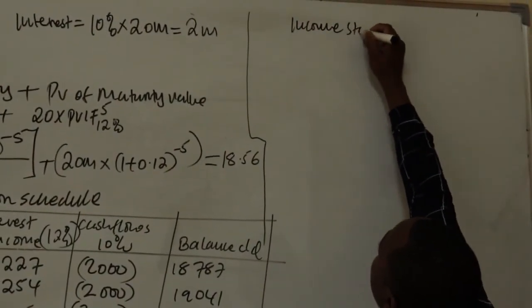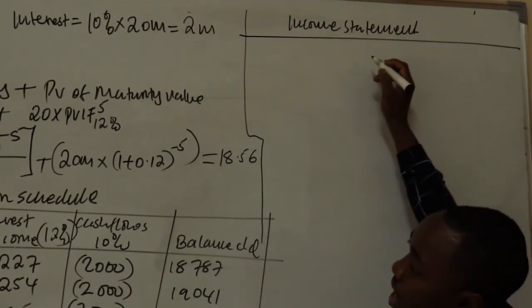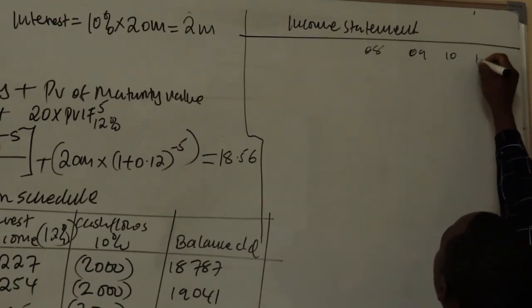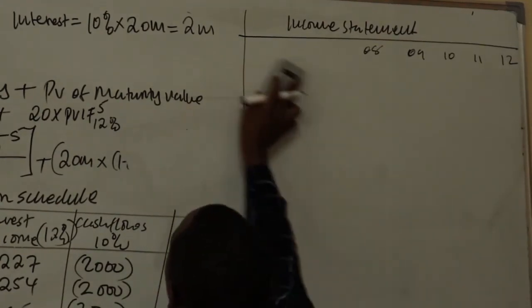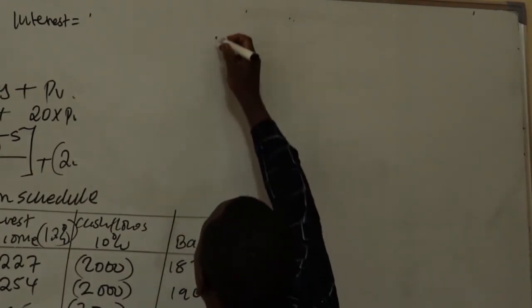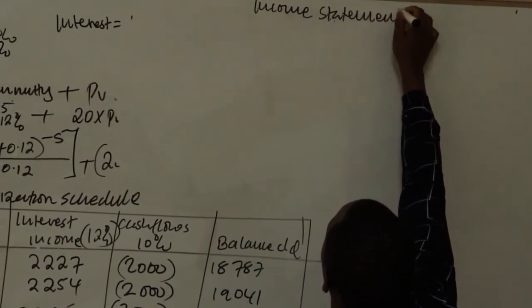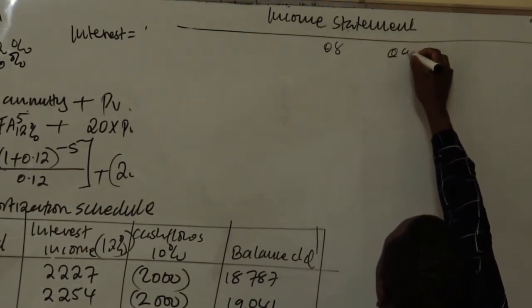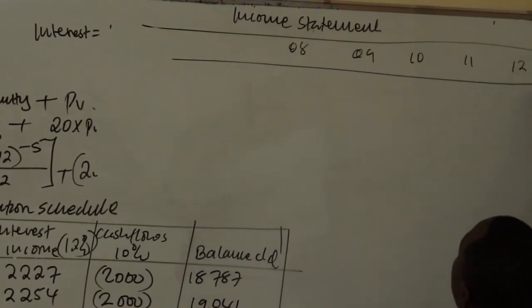So we have here 2008, 2009, 2010, 2011, and 2012. So how will they present that?